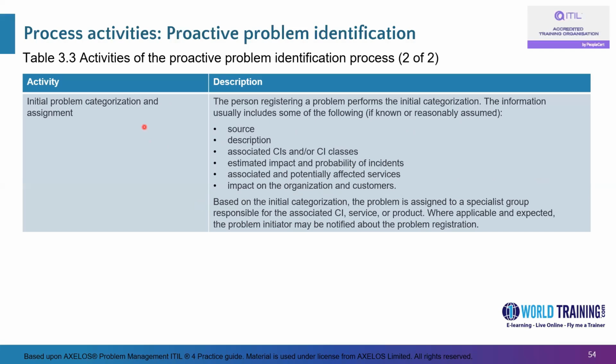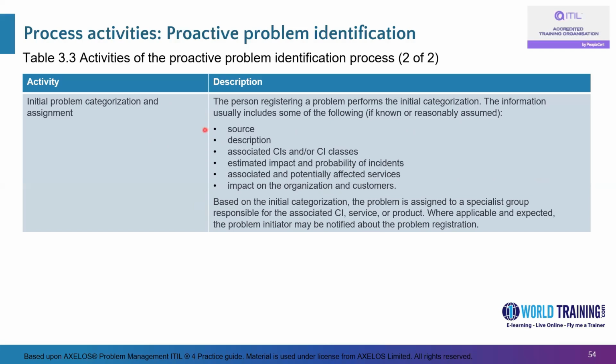Then the third and last step of this process is to do the initial problem categorization and assignment. The word initial is important. And whoever is registering the problem in the previous step will do this categorization.